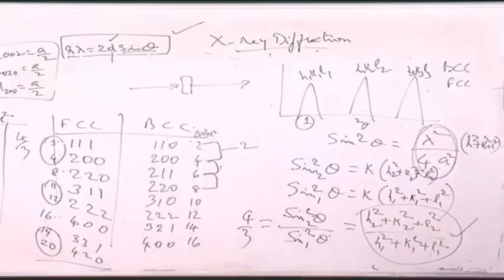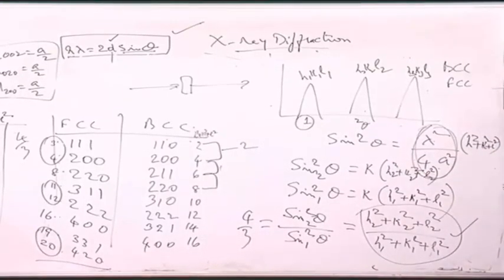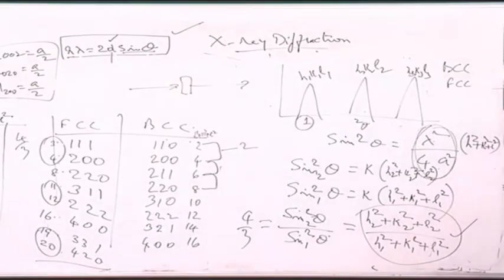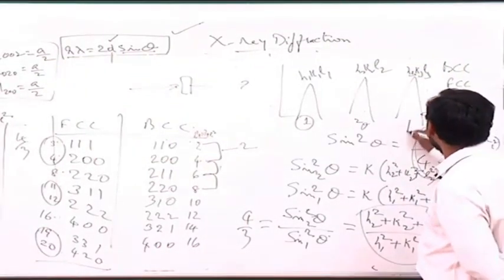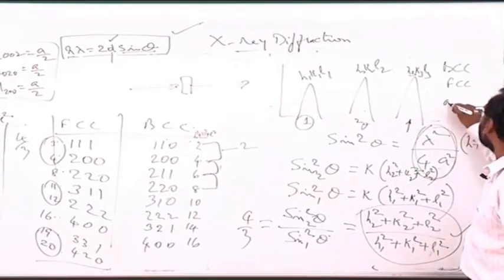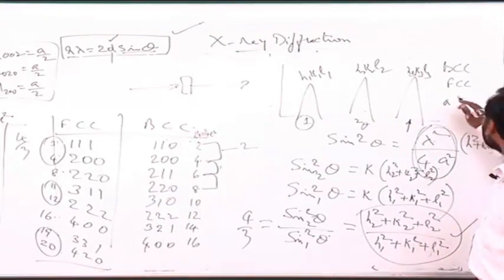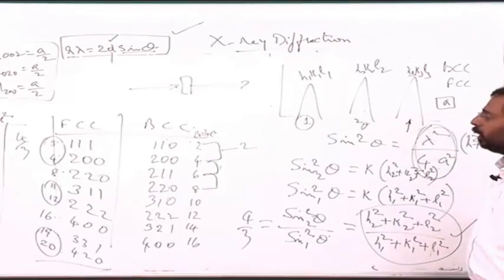So in the last class, we were talking about how to determine the crystal structures, and we said it is the structure factor which decides to a large extent the crystal structures. In fact, we said that the position of a peak is always dependent on the lattice parameter. We said it is the size of the lattice which decides where the theta would be. Why?